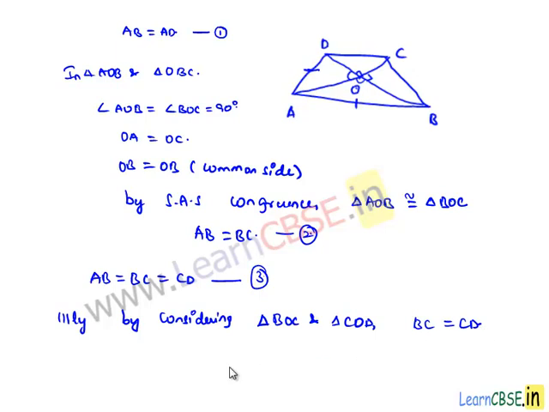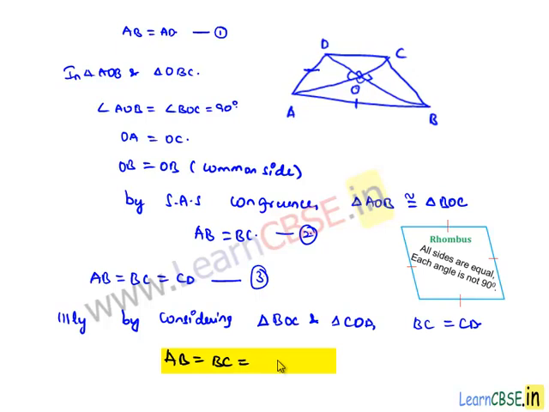So finally we can say that AB is equal to BC is equal to CD is equal to DA. Therefore we got the first proof that all the sides are equal for the quadrilateral and the diagonals bisect each other perpendicularly. So we can say ABCD is a rhombus.